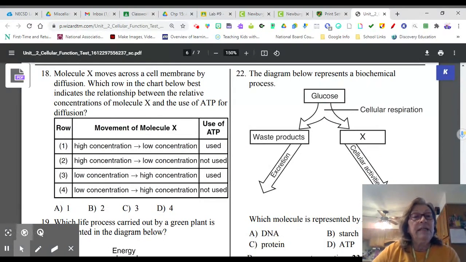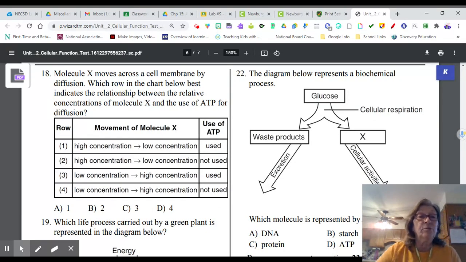Question number 18. Molecule X moves across a cell membrane by diffusion. Which row in the chart below best indicates the relationship between the relative concentrations of molecule X and the use of ATP for diffusion?